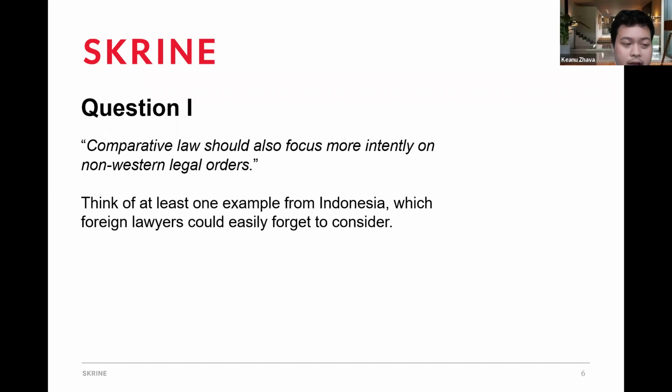So what foreign lawyers need to remember is that even though there's a constitution that regulates things, it has to be related to the previous, higher rules, as the basis itself.